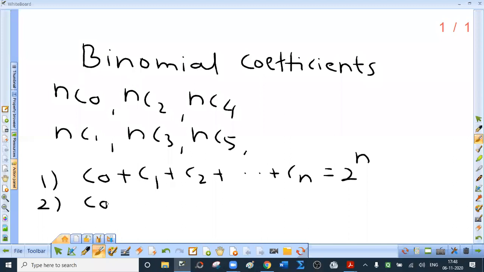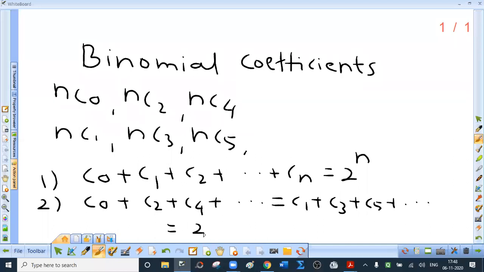Now can you express the second part in words? C0 plus C2 plus C4 plus dot dot dot equal to C1 plus C3 plus C5 plus dot dot dot equal to 2 raised to n minus 1. Yes, that's it.